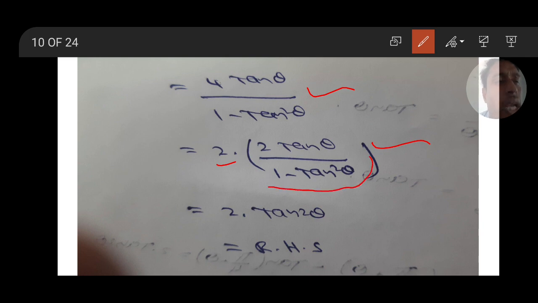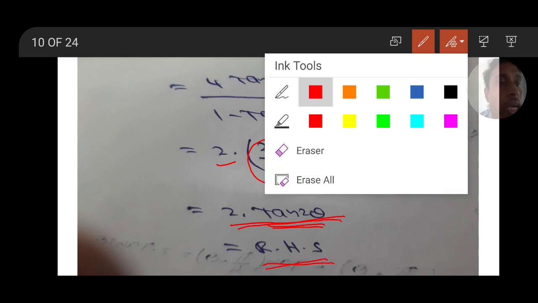This 2 tan theta by 1 minus tan square theta is the tan 2a formula. Tan 2a equals 2 tan a by 1 minus tan square a. Instead of a, here we have theta, so it is the tan 2 theta formula, that is 2 into tan 2 theta, which is the RHS. Okay, this is the answer.